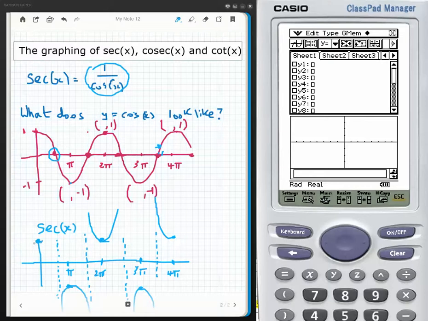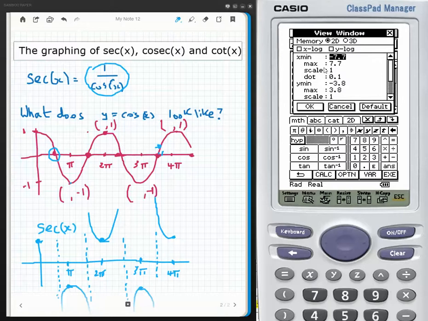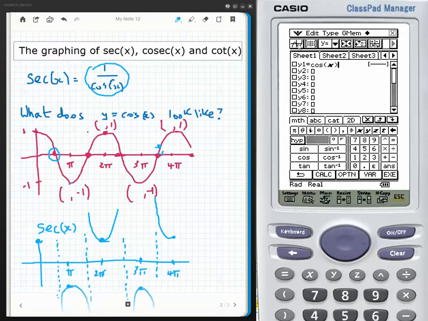What might it look like on the calculator? Okay, so if I bring up the keyboard, math trig cos of x, and I change my window identically the same as what I had there, so from 0 to 4 pi. Okay, graph.